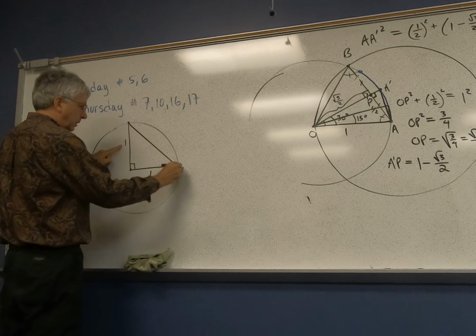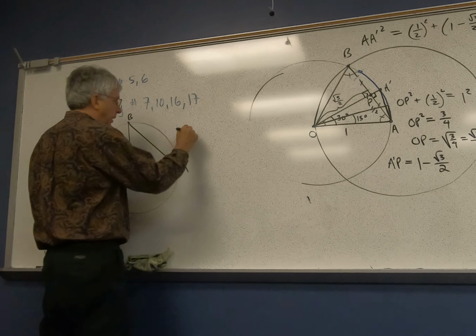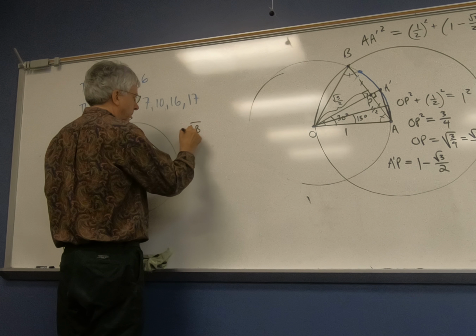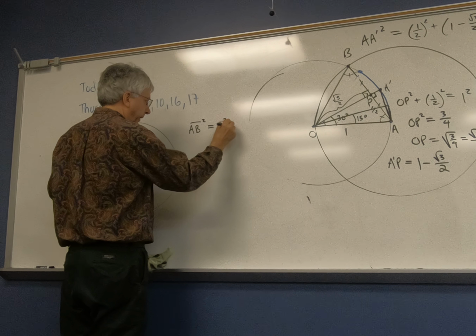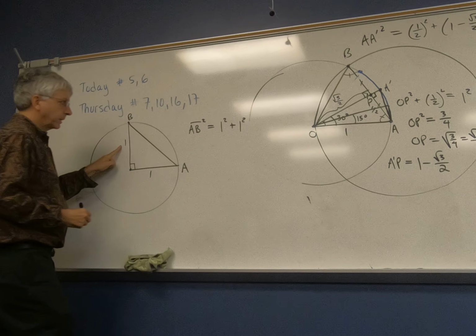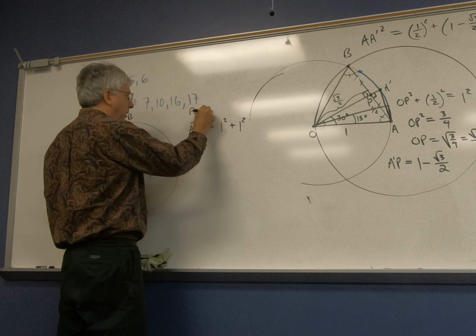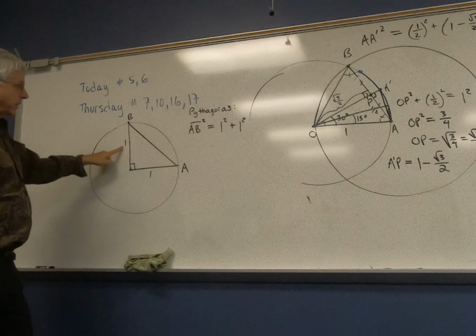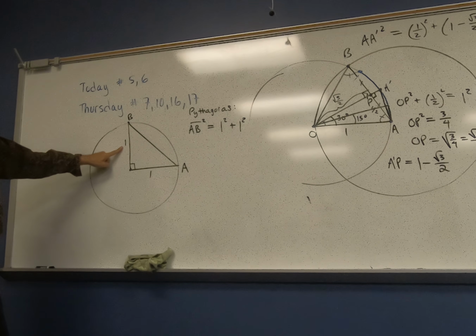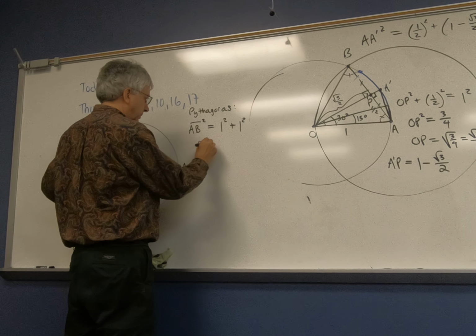So the length of chord AB squared is going to be the sum of the squares of the legs of the triangle. This is Pythagoras at work here. The square on the hypotenuse is the sum of the squares on the other two sides. And so that's going to be 2.